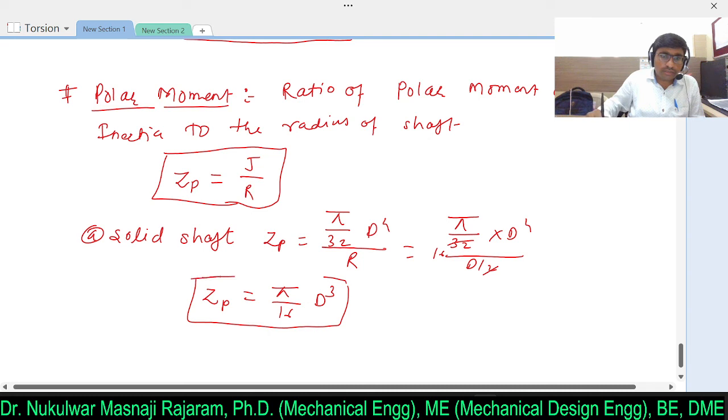So this equation gives the polar modulus of a solid shaft.